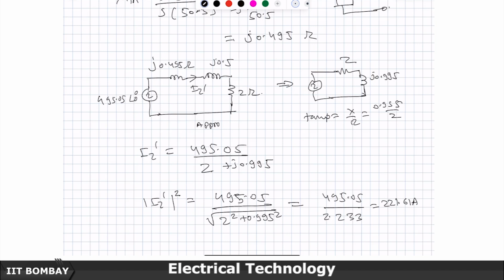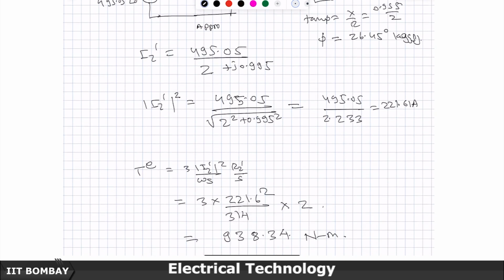That is the tan inverse, and that turns out to be, in degrees, this phi will turn out to be 26.45 degrees lagging. Why lagging? Because it is an RL circuit. So, therefore, the current is going to lag by 26.46.